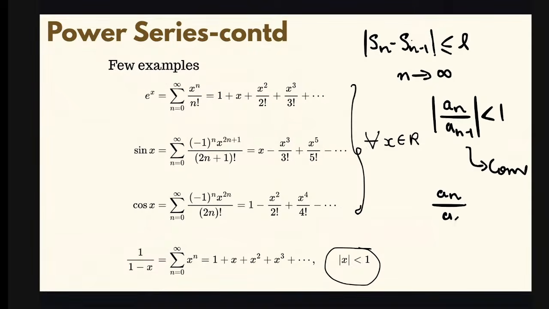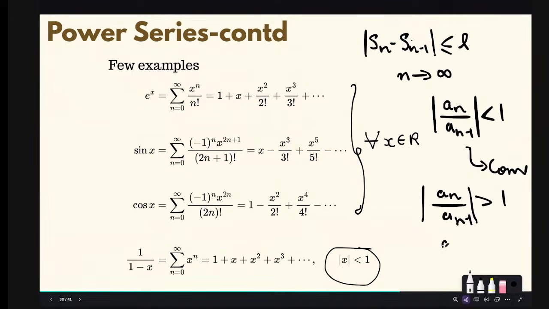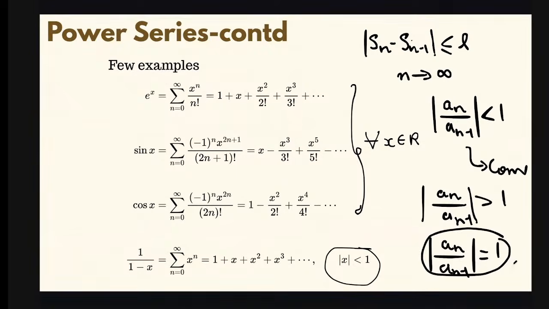And if this is greater than 1, then the series is divergent. And if it's equal to 1, then we cannot conclude what happens.